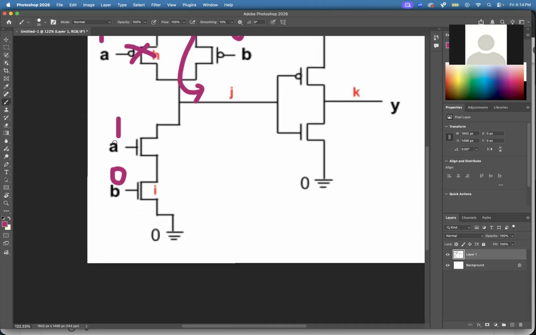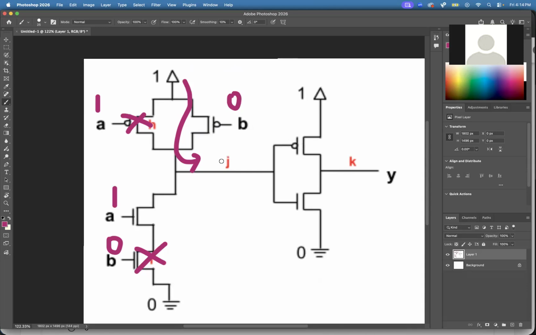Now you can check this bottom section, but here, if B is 0 and this has no little circle, then this does not conduct. So the 0 does not make it through here, only the 1 makes it through. So if the 1 makes it through here, then this should be a 1, right? I'm going to draw a 1.